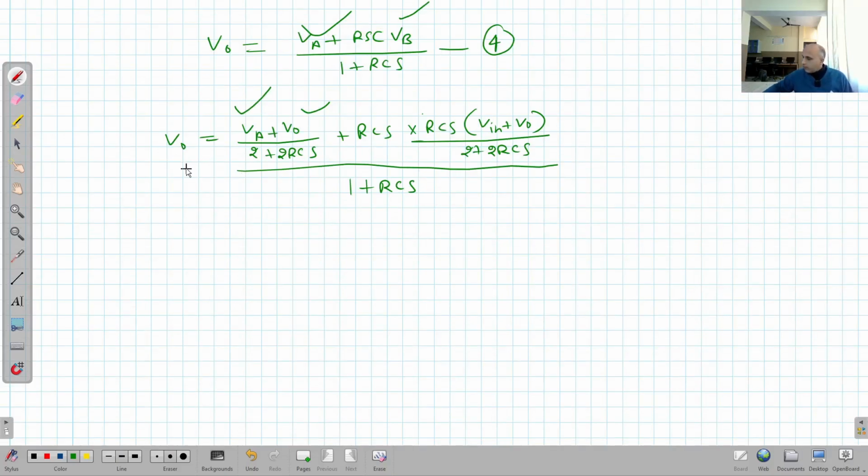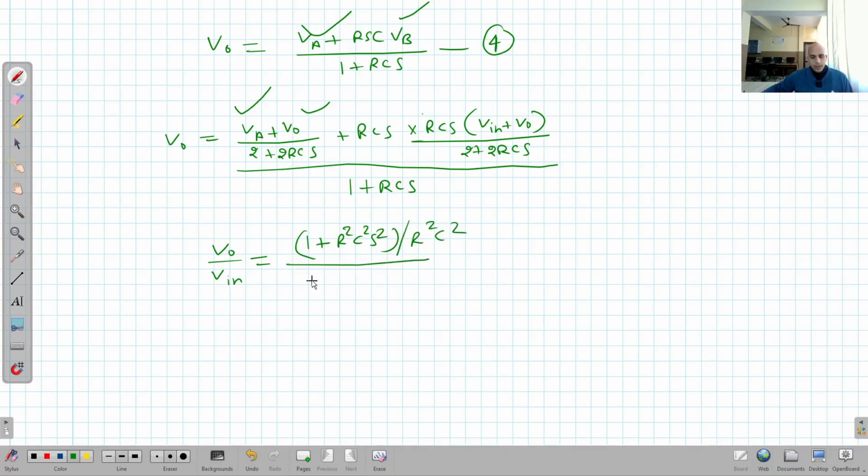Now we rearrange this equation and separate it for V output upon V input. You will get 1 plus R square C square S square divided by R square C square.